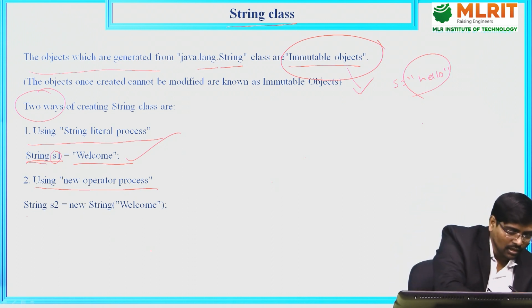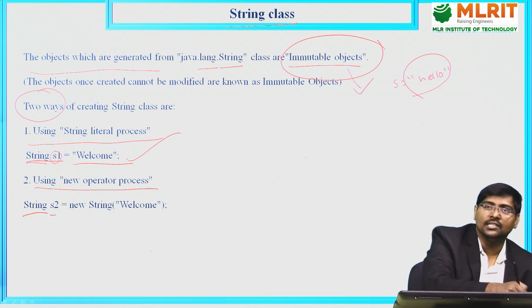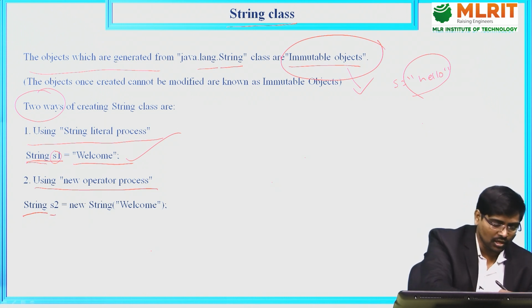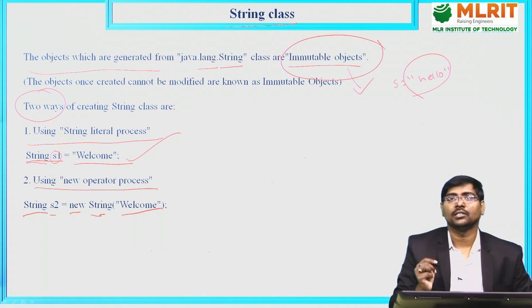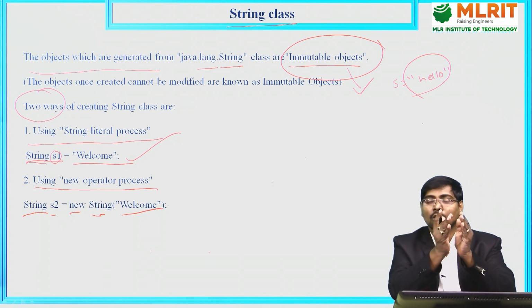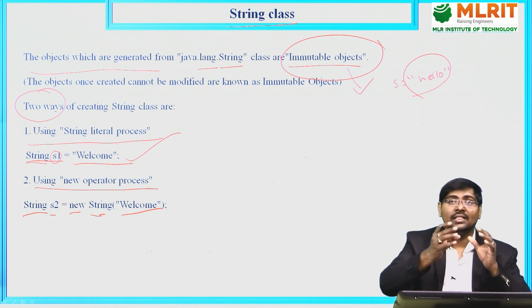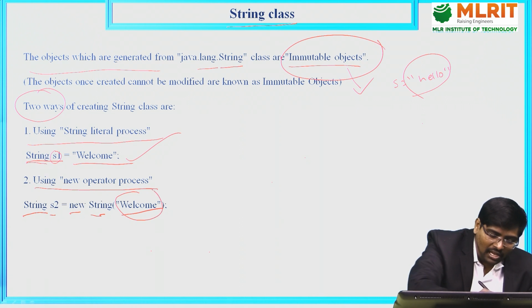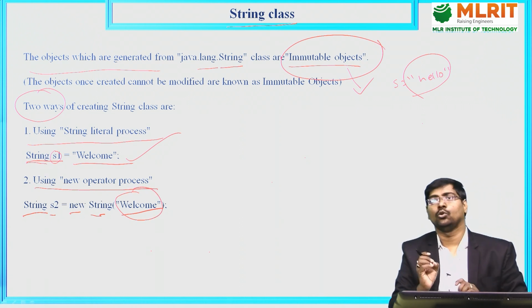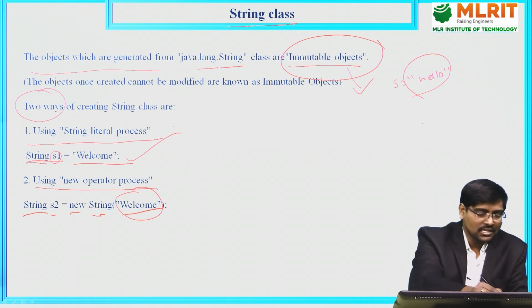So String is the class name, then the object name is equal to new String of, this is the constructor. Within this I pass welcome. That means one object S2 is created, and within that memory location the value welcome is stored. Clear? These are the two ways.